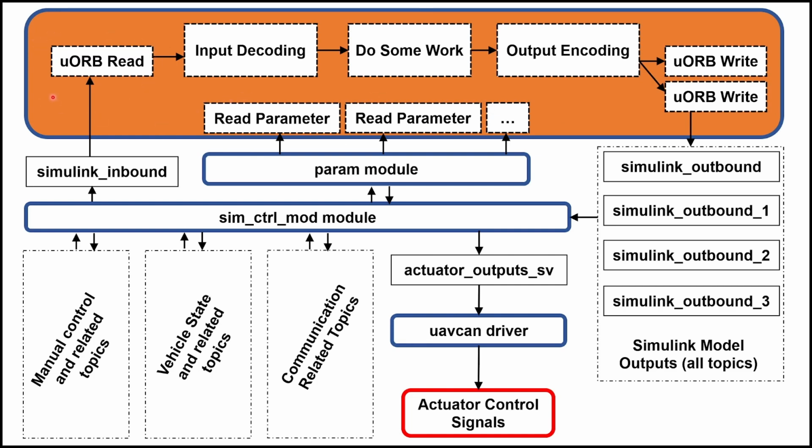All of your uORB reads are reading topics that are fixed in their structures, but the data fields are being filled in by the PX4 all the time, or we're publishing them. So there's this concept of publishing and subscribing. Subscribing essentially means that we're reading from the data structure without modifying it. Publishing means that we are posting new data. We're filling in the values for the data structure.